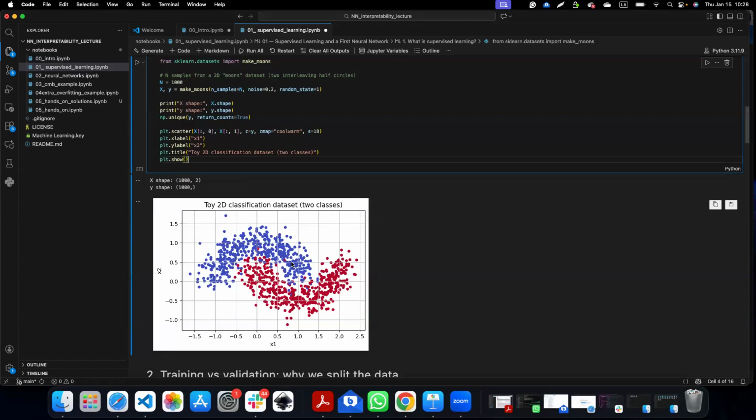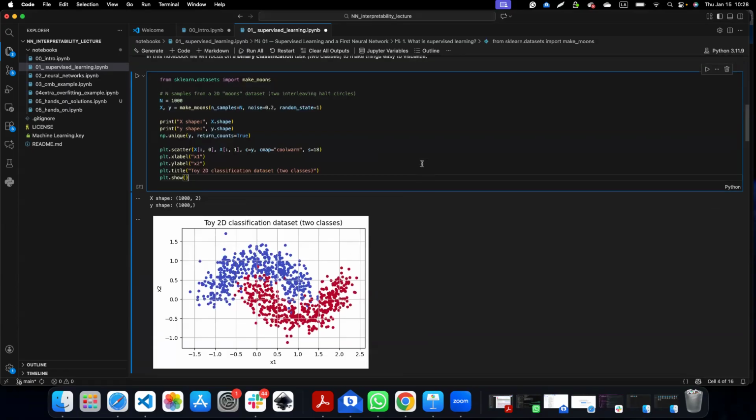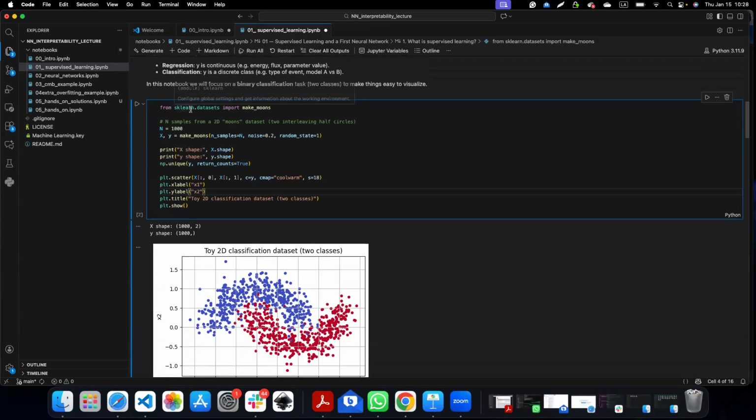The idea is that you need to be able to discriminate between them, so you need to draw a kind of frontier of discrimination. We're just going to play with this, as I told you, with the logistic regression model. In this case, we're just simulating the data, so you don't need to go through the simulation part. It's just make moons, which you can import from scikit-learn that I was telling you before.